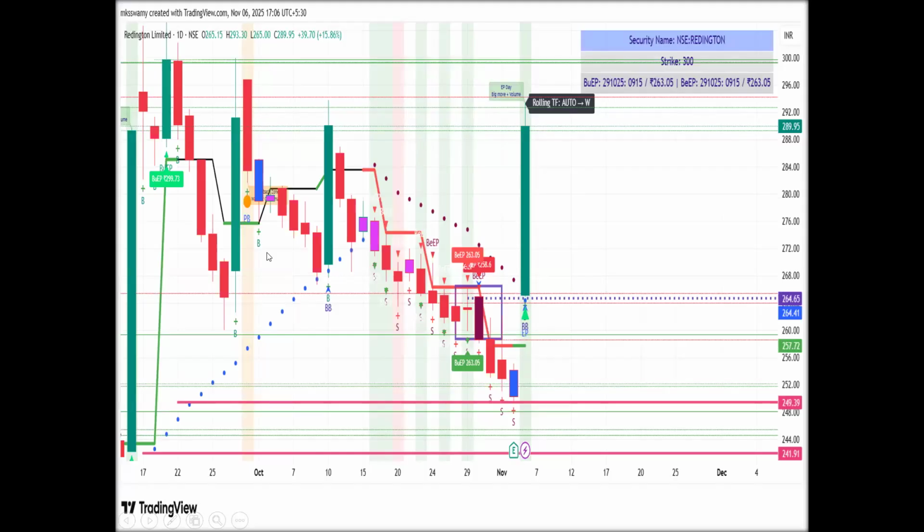That is an indication. This is an example of Reddington, what happened in the market today. You can see how the EP was triggered, and 263 was the bearish EP on 29th. On 29th, both bearish and bullish EP were triggered and the price line was 263.